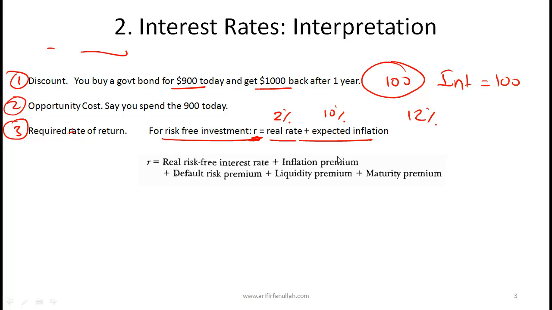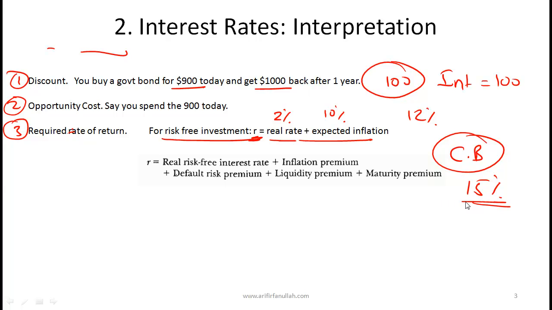Now let's go beyond a risk-free investment. Let's say that you now invest in a corporate bond. A company such as Engro issues a corporate bond, and let's say that there your required return is 15% as an example. Now how do we come up with that 15%?